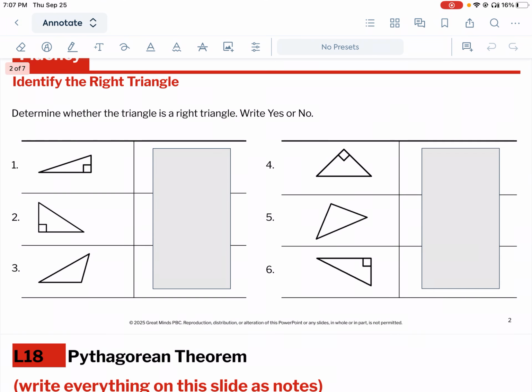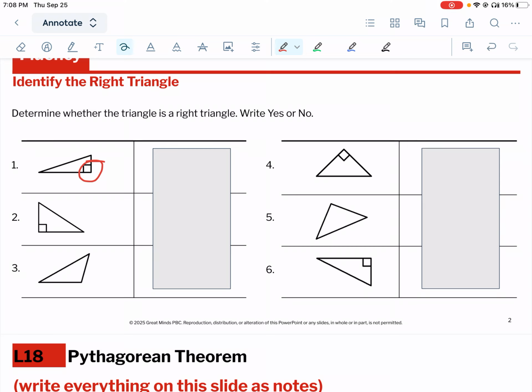For these questions, these are very, very simple. It says to identify the right triangle and determine whether something is or is not a right triangle, yes or no. I would hope that you know by now that any triangle with that little square on it, like how it has for number one, that particular square symbolizes the right angle.